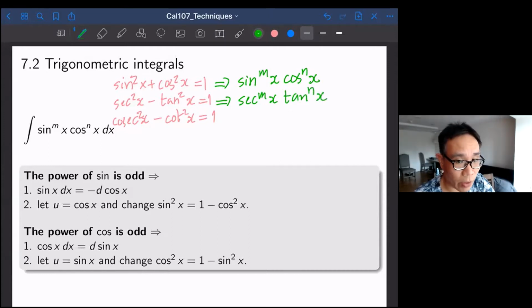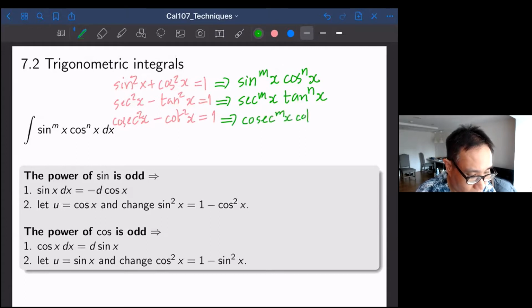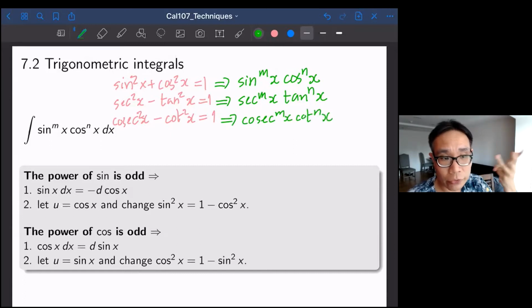And you'll be able to use this one to integrate powers of cosecant and cotangent, so it's going to be cosecant to the mx, cot to the nx. So we're going to have three kinds of trigonometric integrals.